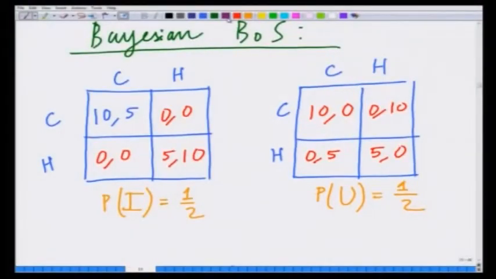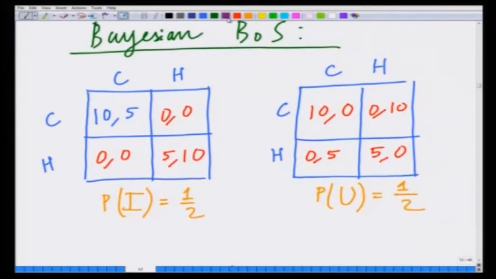Now let us go and try to figure out the payoffs of the girl player. Now remember, the player of each type knows his or her own type. So the girl of type I knows her type, girl of type U knows her type. So to figure out the payoffs of the girl of each type, let us go back to the game table.